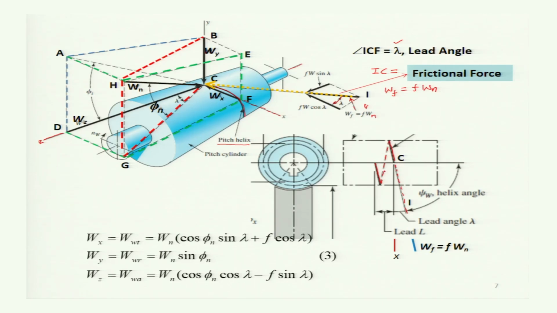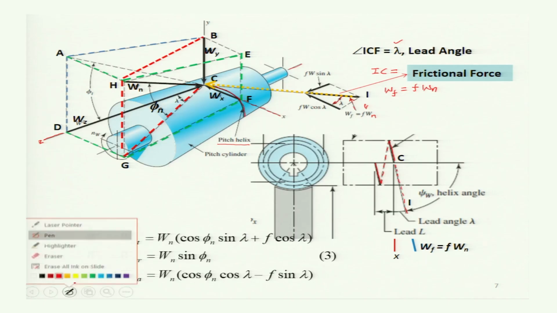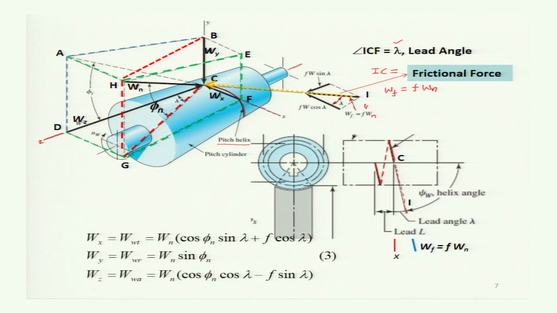So that one is taken as Cf. This is your F. So FCI is shown here, and the angle between this, that means the angle FCI or ICF, is the lead angle.